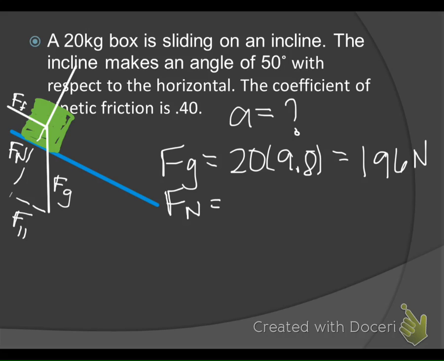We're going to use cosine here, so we're going to take 196 times cosine of 50. Okay? Does everyone understand this shortcut I'm doing here rather than writing it out as a fraction and multiplying it? I'm just simplifying. Okay, great. So we get our normal force to equal what? 126.